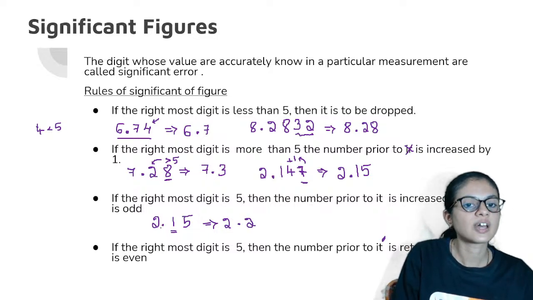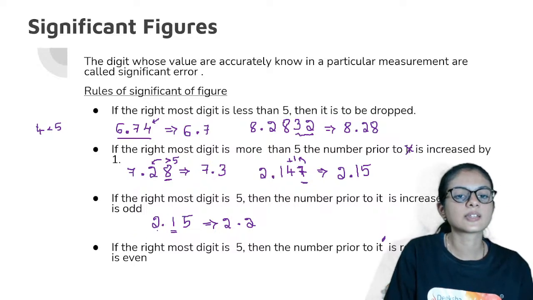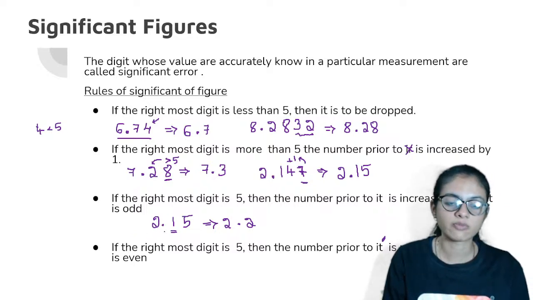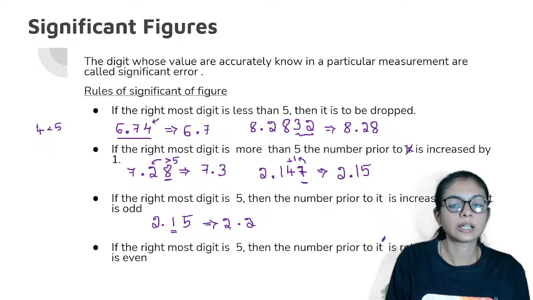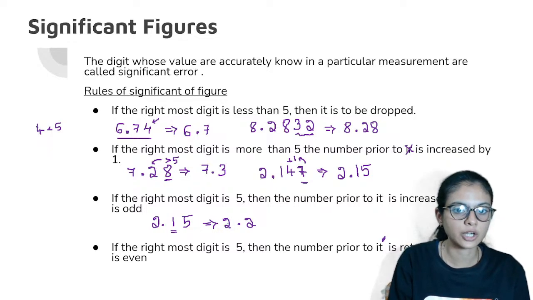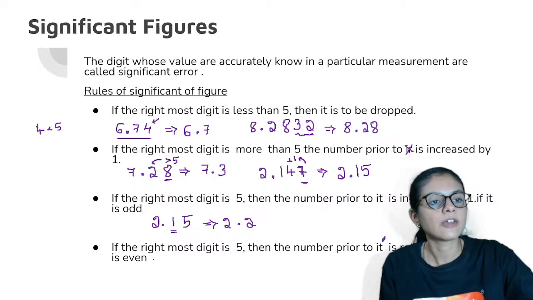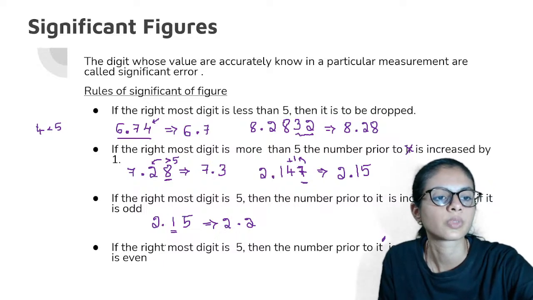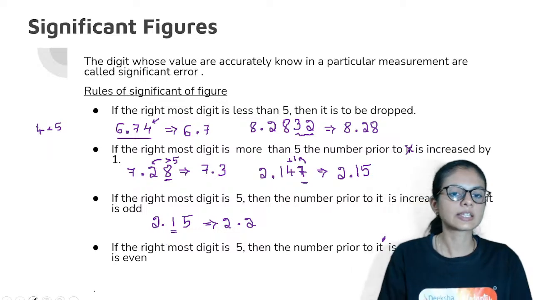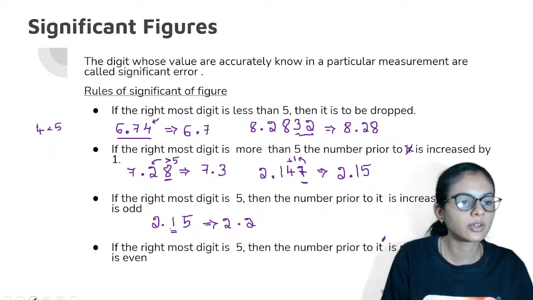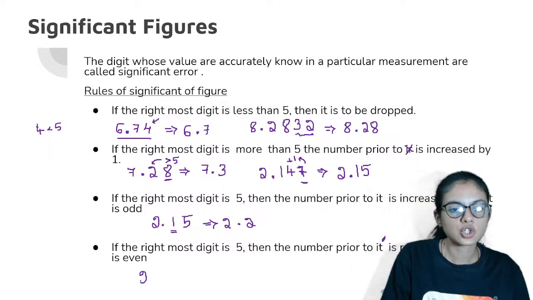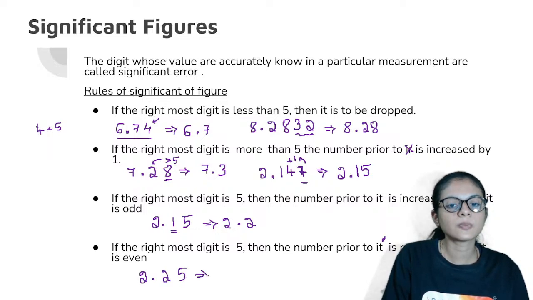Clear? So if you're getting an answer 2.15, you can convert your answer into 2.2, just in two digits. Okay, if instead of 2.15, it is 2.25, then what will be the answer? See here, if the rightmost digit is 5, yes, it's 5, right?